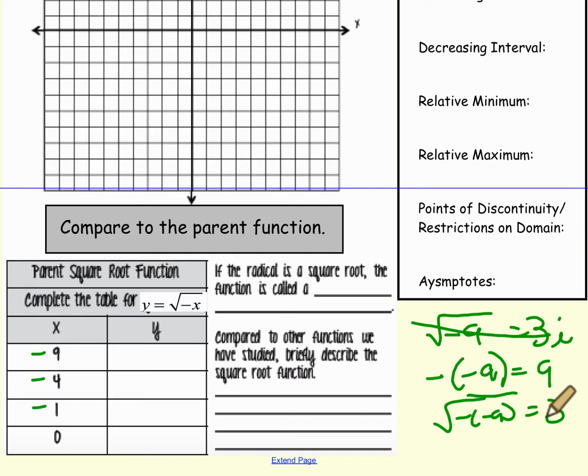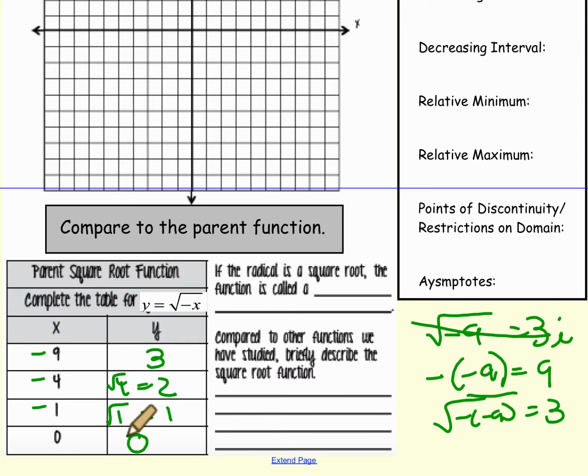It would give me 3, a real number. The square root of the opposite of -4 is the same as the square root of 4, which is 2. The square root of the opposite of -1 is 1. And the square root of the opposite of 0, well, that's just 0.